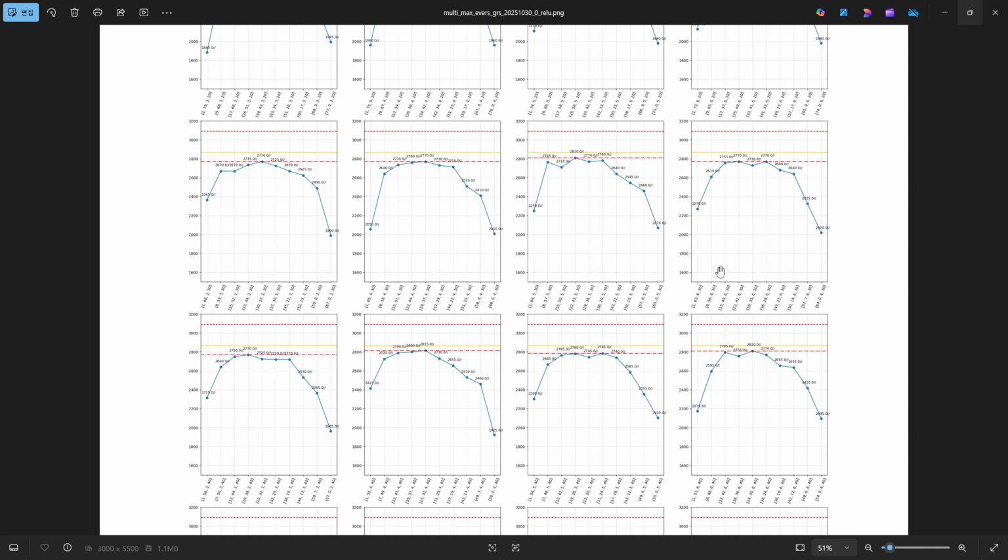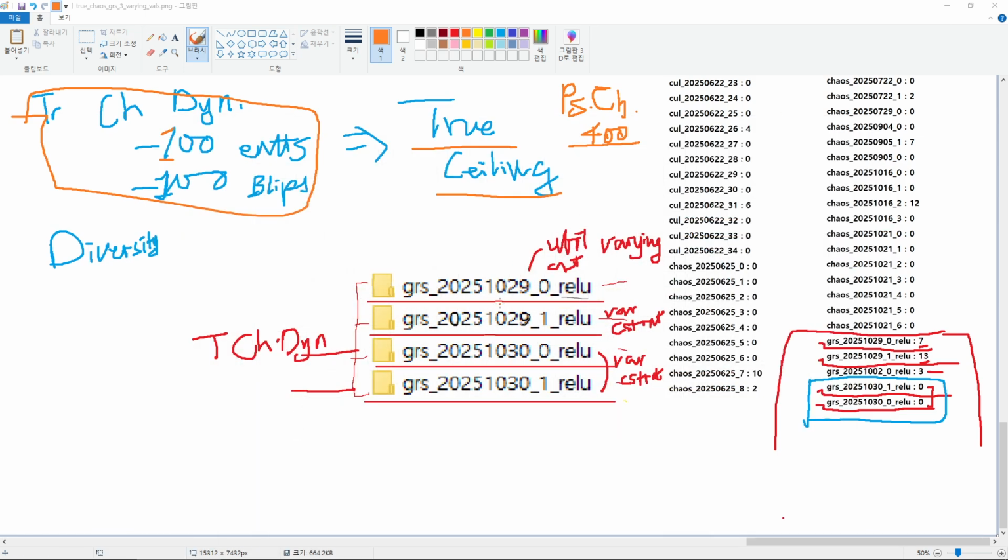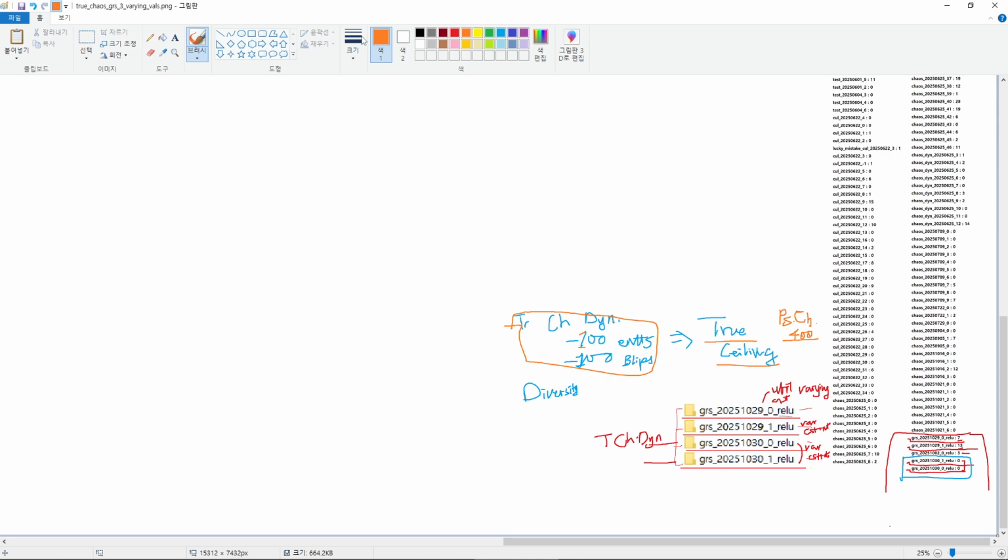So because we only have 100 entities, we give all the entities 100 blips in which they could exist.